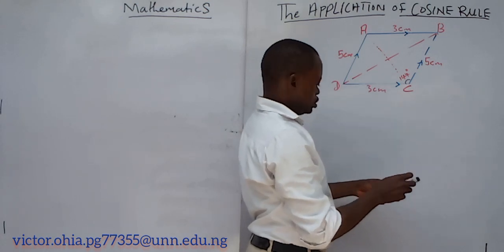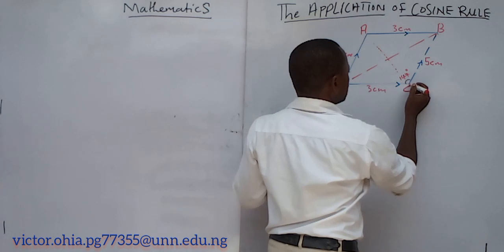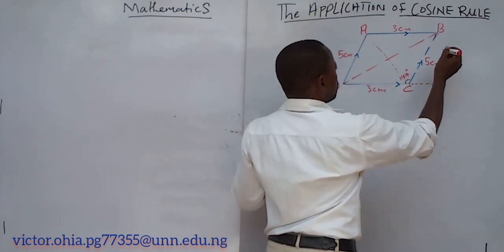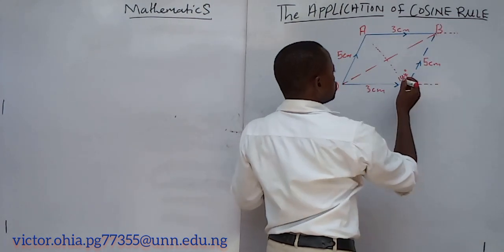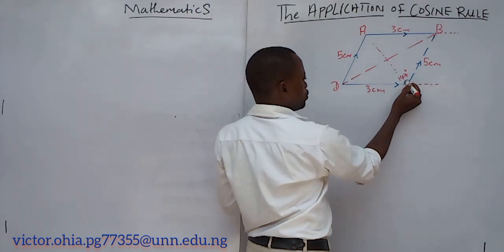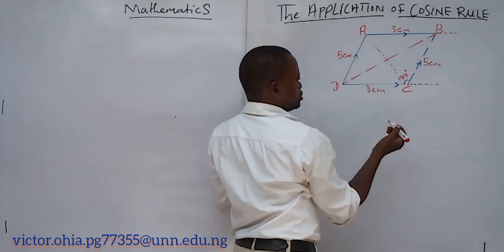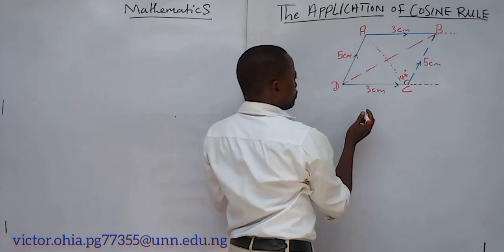I am going to quickly show you something. If I extend this, this is parallel to this. So do you realize that this angle here is alternate to this angle here?